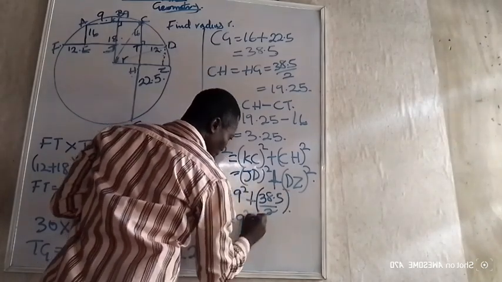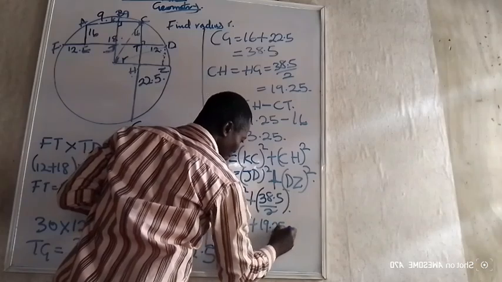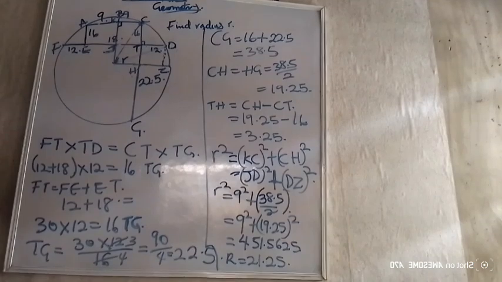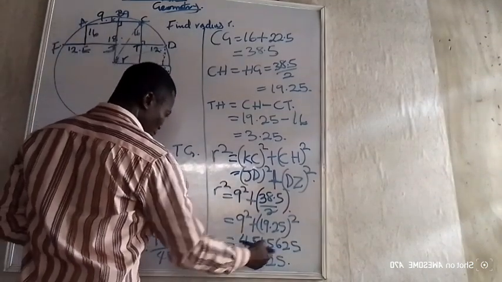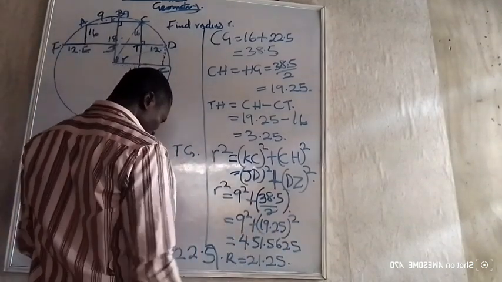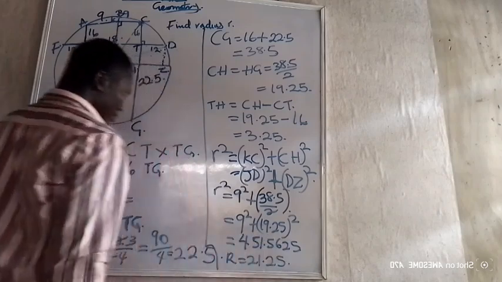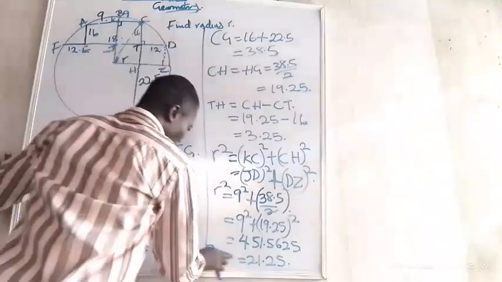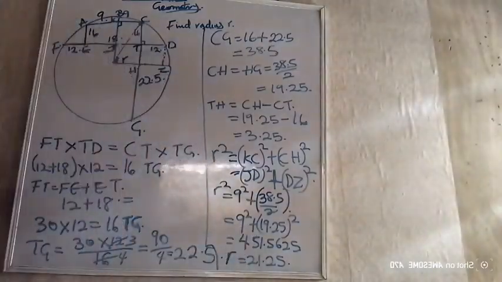That gives 9 squared plus 19.25 squared. After using the calculator, this is the answer: 451.5625. Therefore, R equals 21.25. Either of the two gives you the radius. R is equal to 21.25.